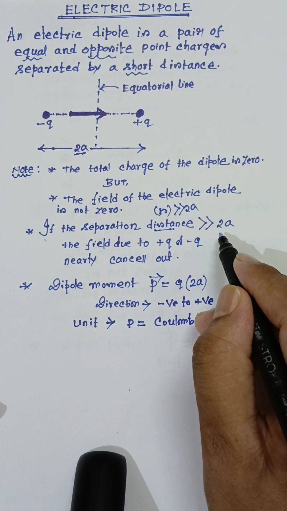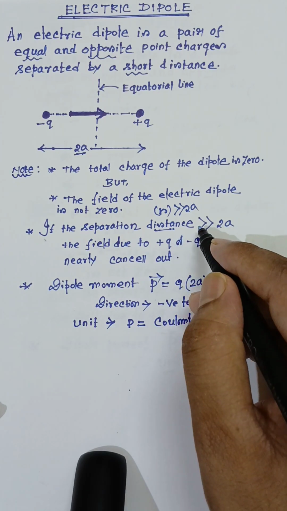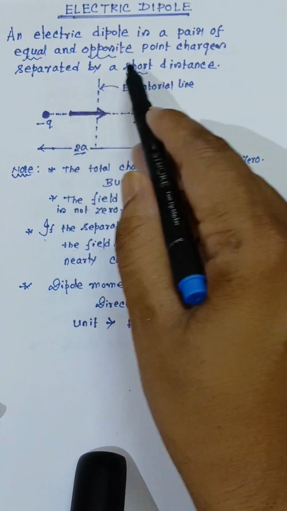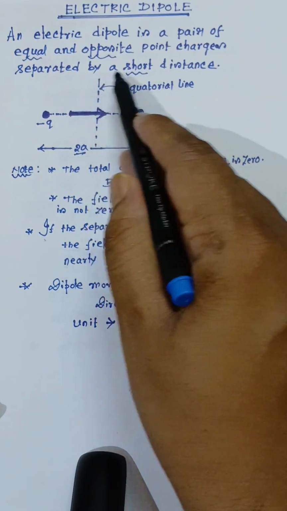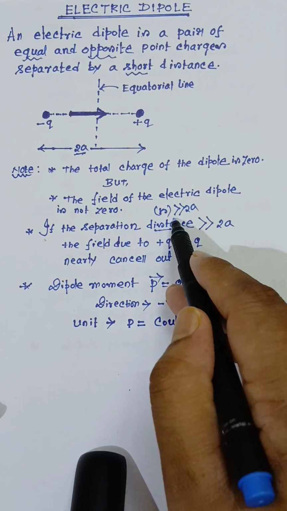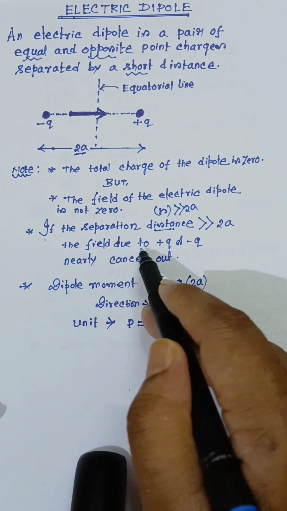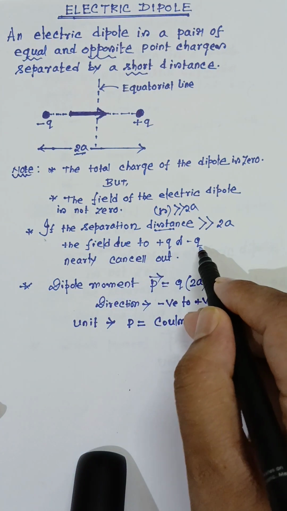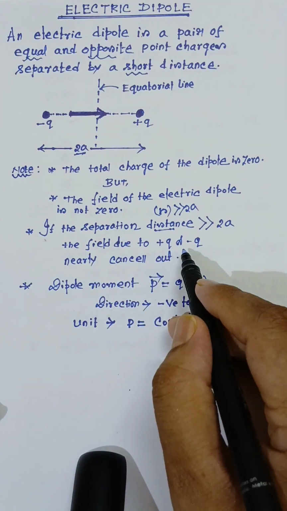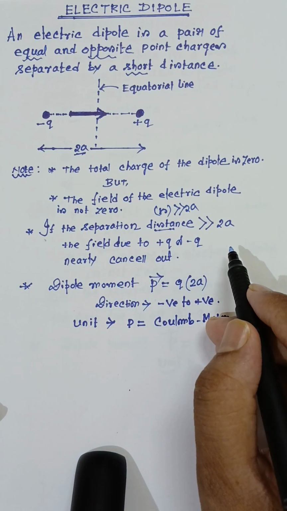Then it will not be considered a dipole, because in this case the dipole will not fulfill its condition. The condition is that it should be separated by a short distance. If the separation is large, the field due to plus q and minus q nearly cancel out, because for a large distance the fields cancel out.